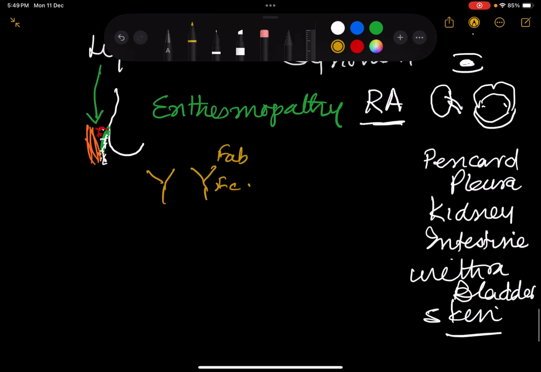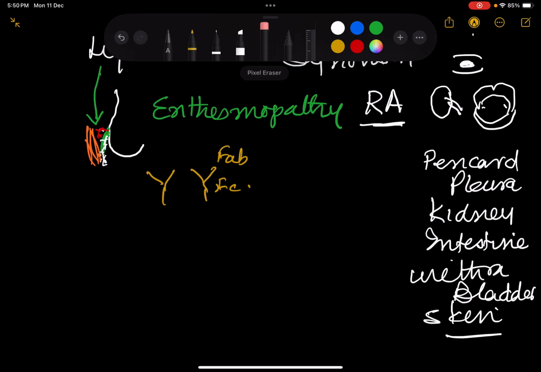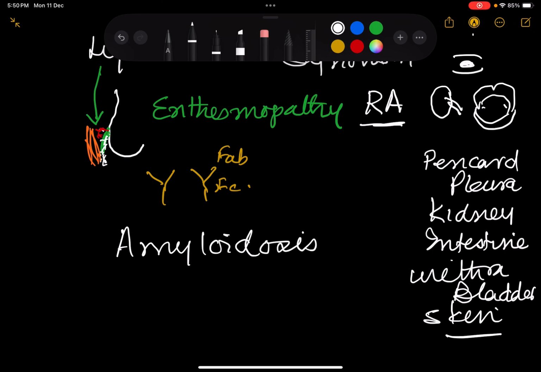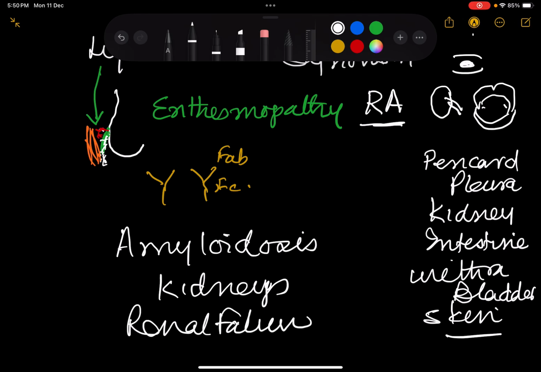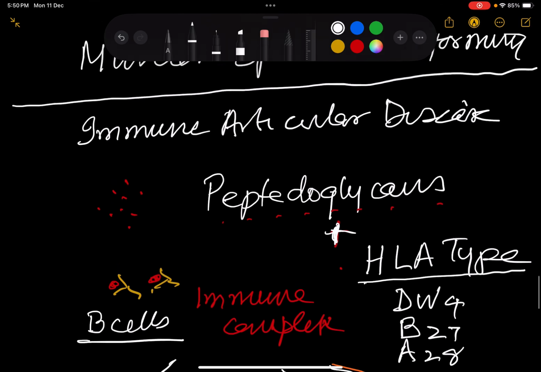There are so many immunoglobulins that they can produce a very dangerous substance which is called amyloid, and this can deposit in various tissues, especially the kidneys, causing renal failure. But that's a rare complication of immune articular diseases.